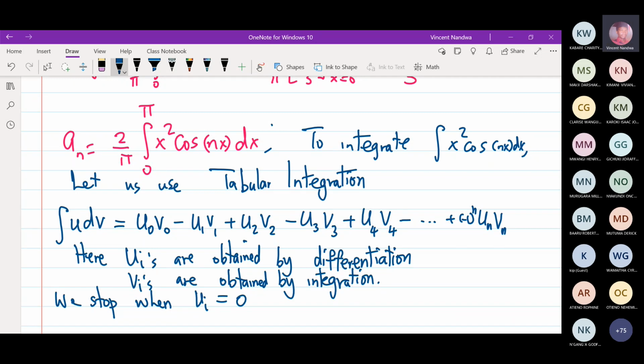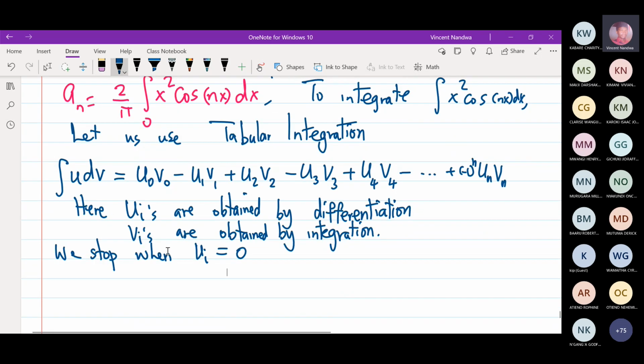And what you call dv, we call it dv naught. So that when we integrate dv naught, it will give you v naught. And so other consecutive values of v will be obtained by integrating the vi's, and other values of u will be obtained by differentiating the ui's.